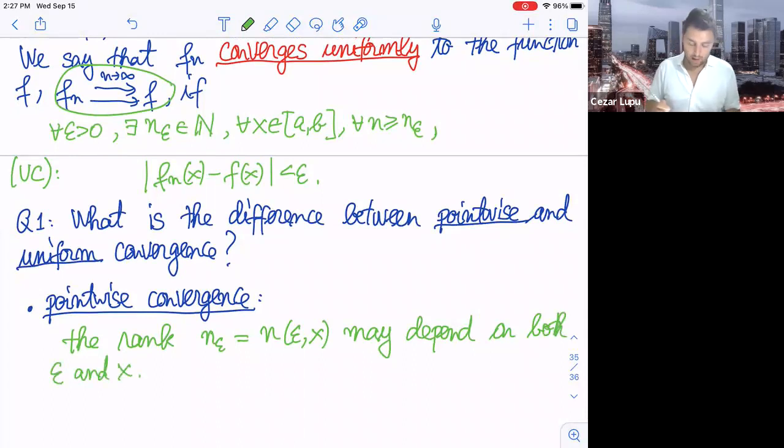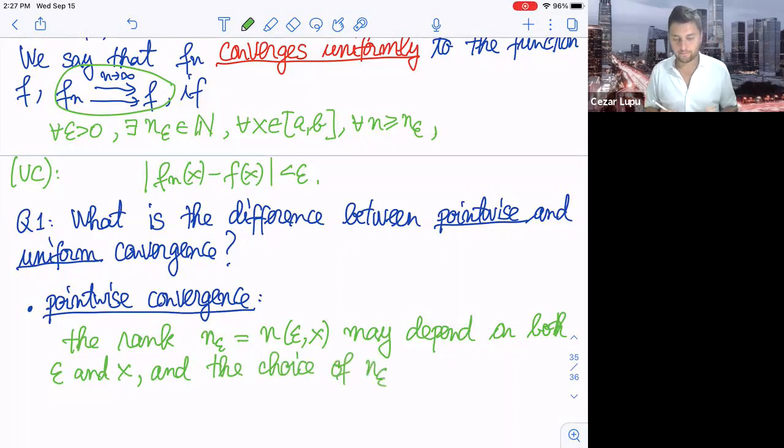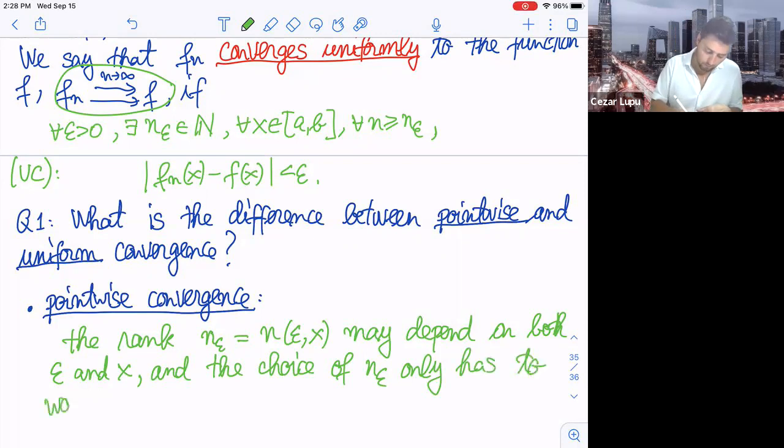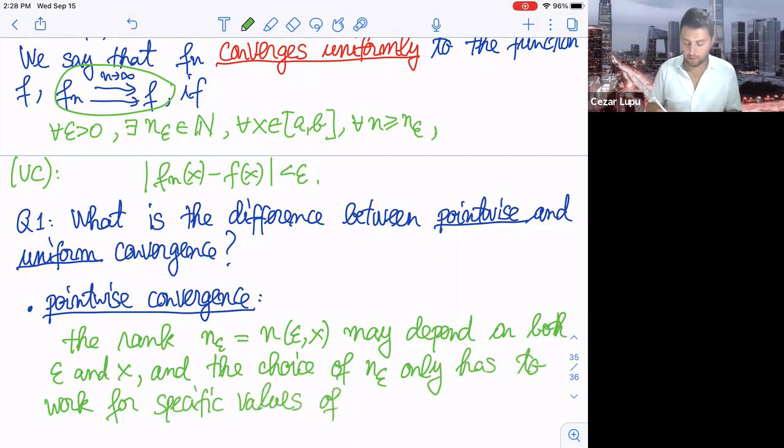Right? And the choice of n epsilon, of the rank, only has to work for specific values of epsilon and x that are given.